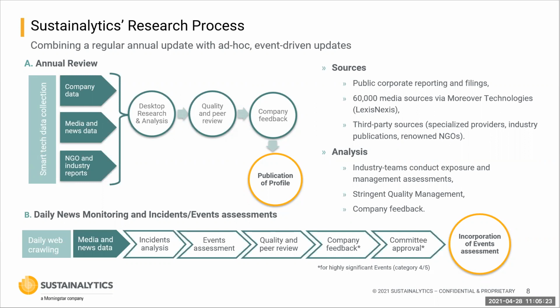If a company's involvement is identified, a deeper analysis is conducted preliminarily by our controversy research team, and if the issue is deemed financially material to that company, it's passed on to the analyst who covers that company for further research and company feedback, as you can see here.